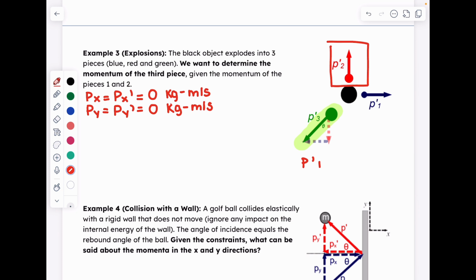So this component down here has to be equal in magnitude to that size in order for them to cancel out. So this is the negative of P2 going upward, and this is the negative of P1 going downward. If these were numbers, you'd add them up, and they'd add up to 0. So let's try to write out a formula to solve for P3 and the angle of P3.